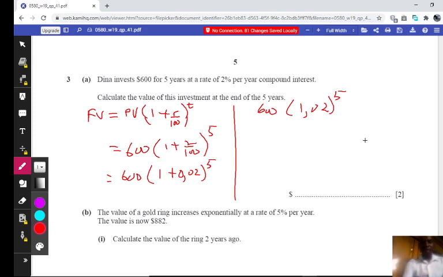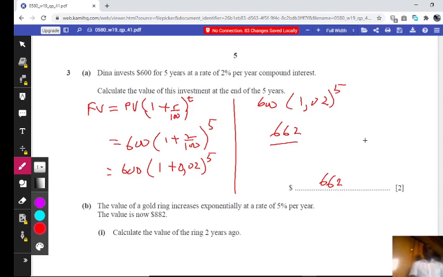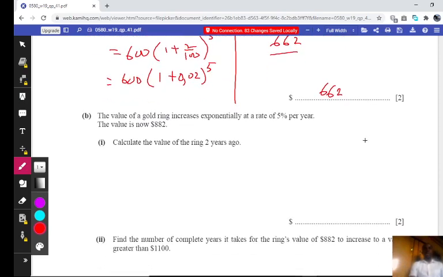Then you get 662. And we want it to 3 significant figures, remember, on our instructions, so it will be 662. Like this. Then we are done. That's the value of the investment after 5 years.